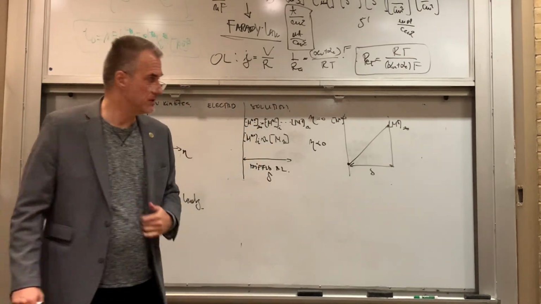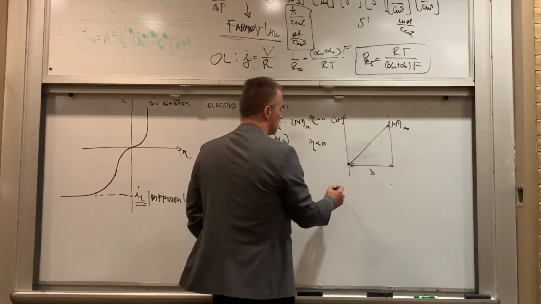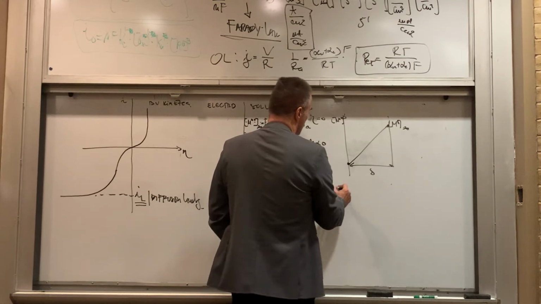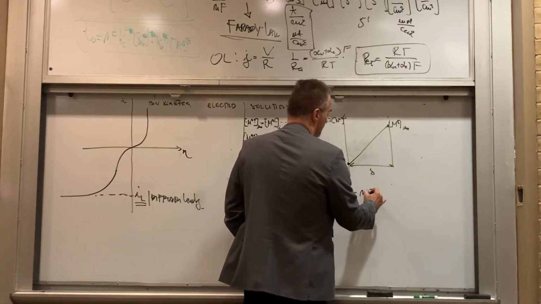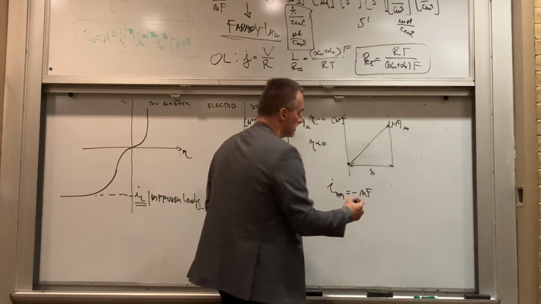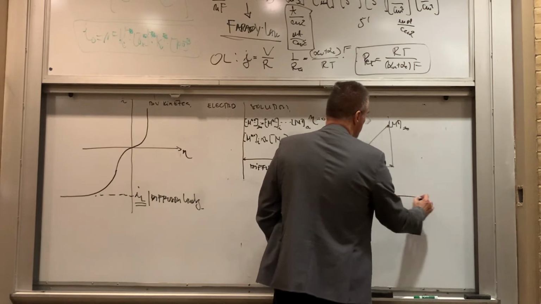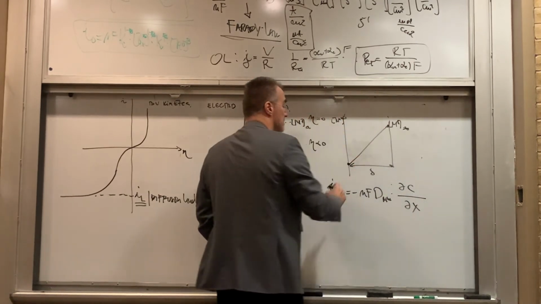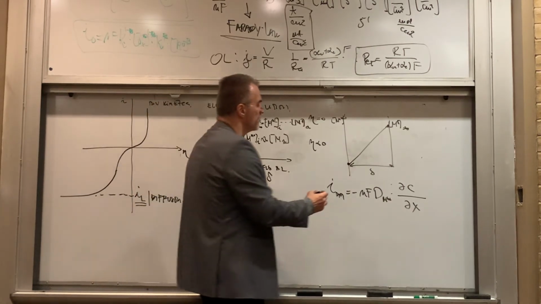And we can solve how much of this transport is happening by saying, if you talk about current, the diffusion current is equal to minus nF, then the diffusivity of the metal ions, times dC over dx. It's a gradient of concentration across, let's say we call this x.